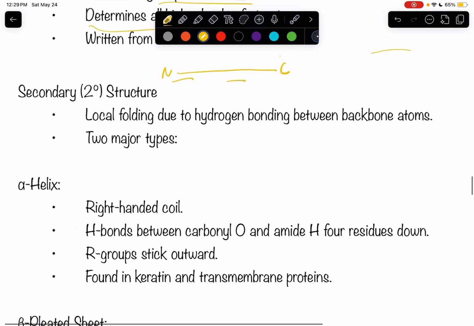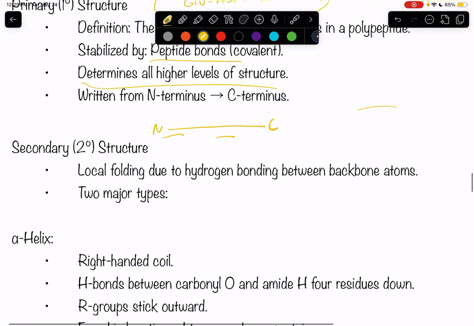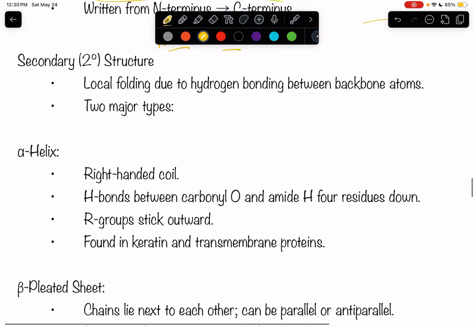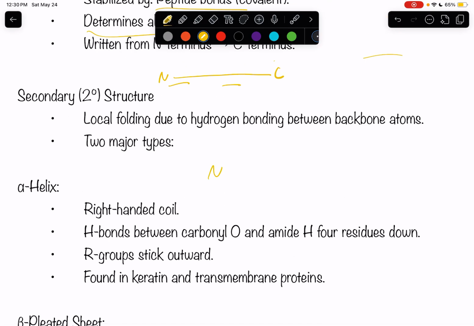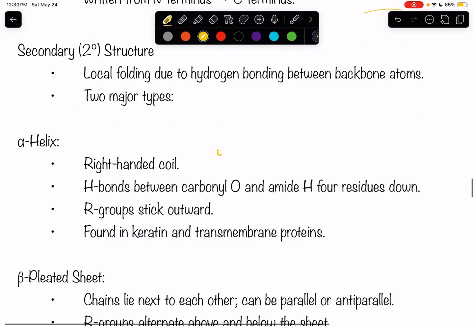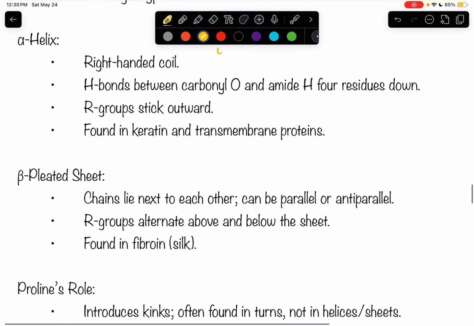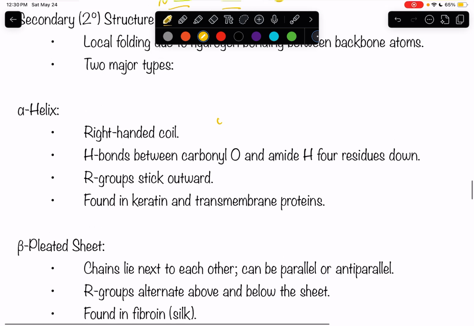Secondary structure is pretty much this protein structure, but now we have multiple chains connected to each other. There are two main common types that we care about: alpha helix and beta sheet.